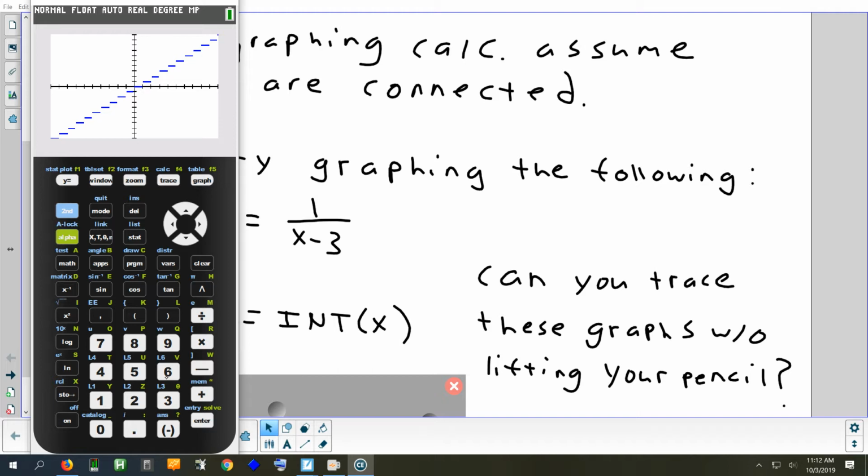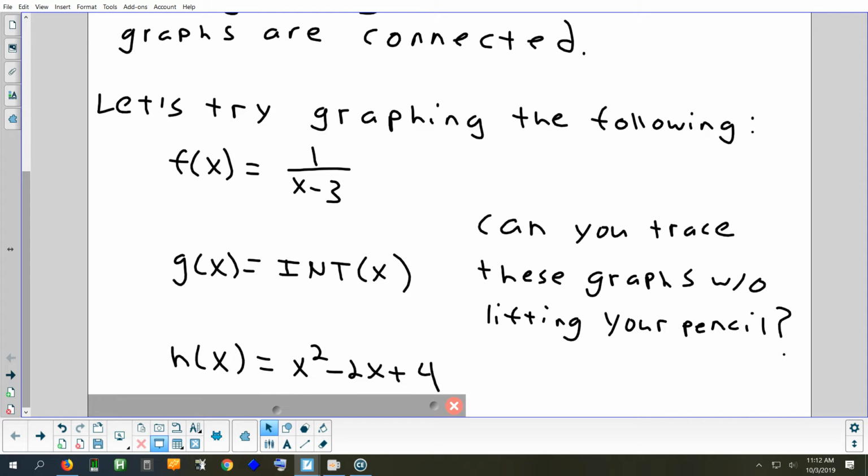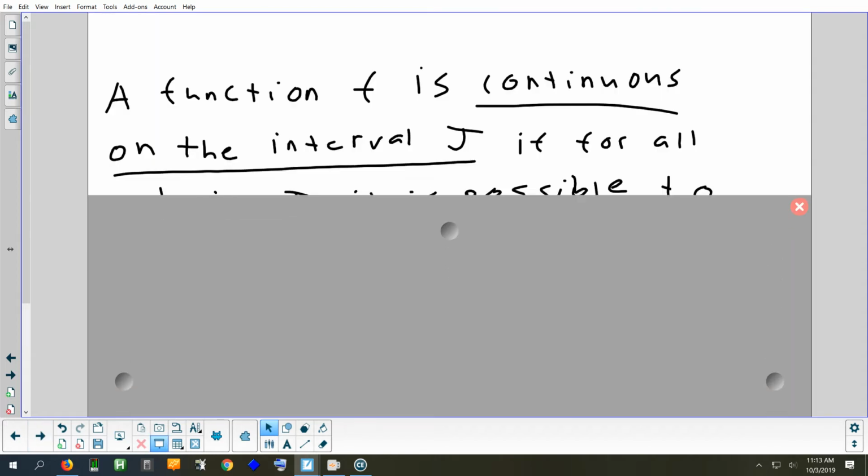But the point is, you can't trace it without lifting your pencil. Now, how about this? This is a parabola. Could you trace that one if I drew it? You could, yes. So a couple of these graphs you could trace, one of them you couldn't, and that idea is called continuous or discontinuous.